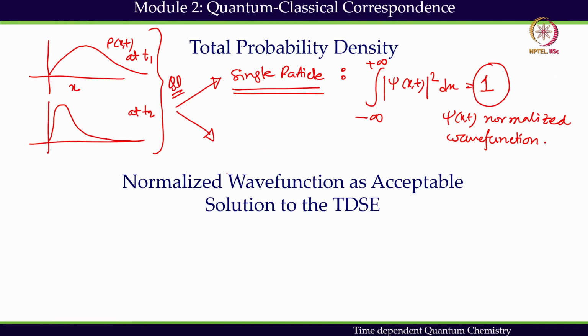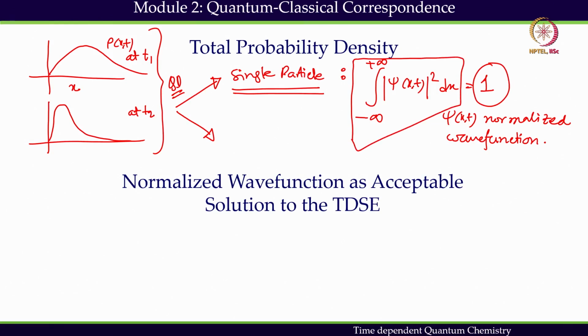Let us say in the entire cloud, in the entire sky, I have only one particle, appearing like a cloud, and if I integrate over the entire space, I get only one particle present in the entire space.